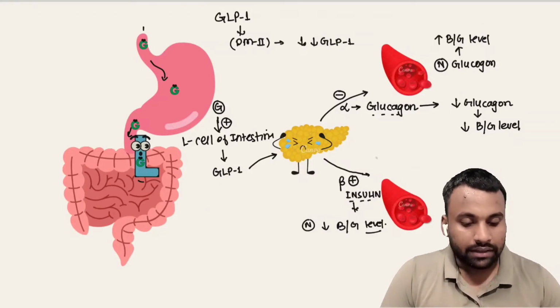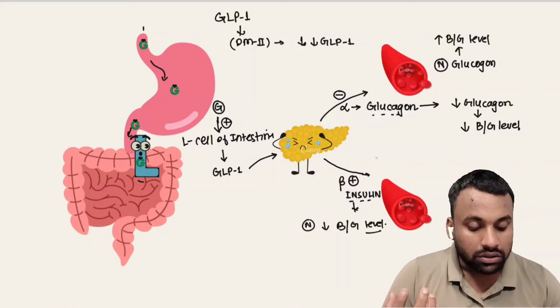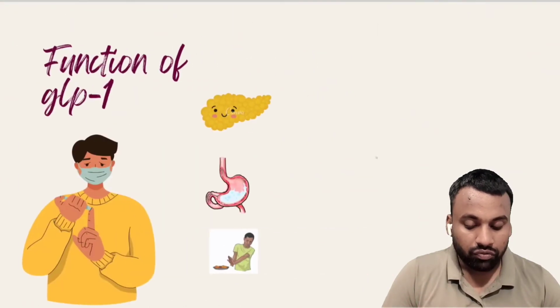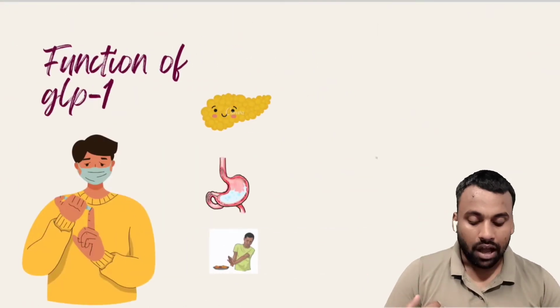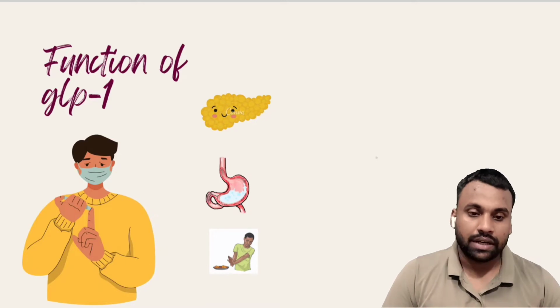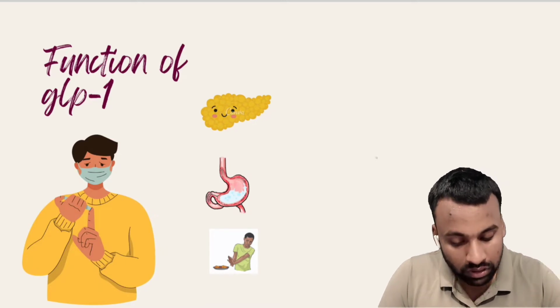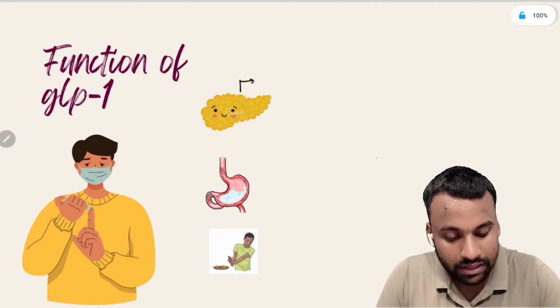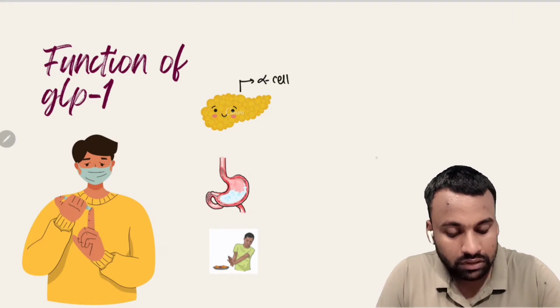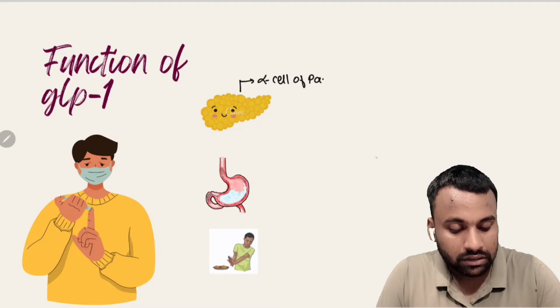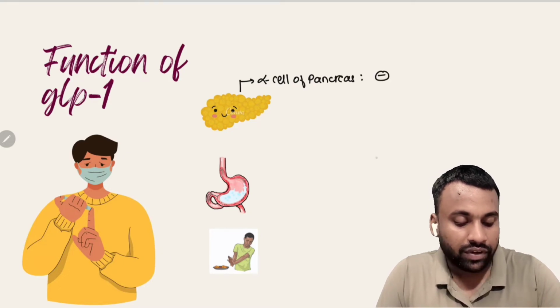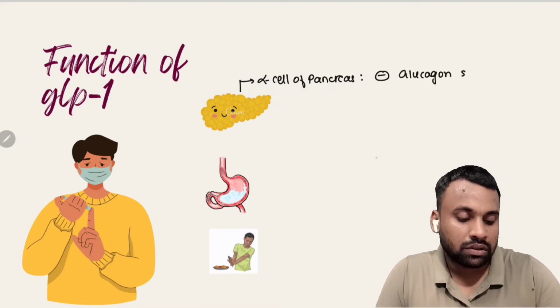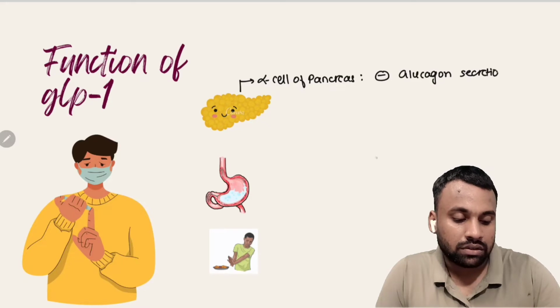Okay, and understand what is the other function of the GLP and how it works. First we understand that the GLP, mainly by acting on the alpha cell of the pancreas, can inhibit glucagon secretion.